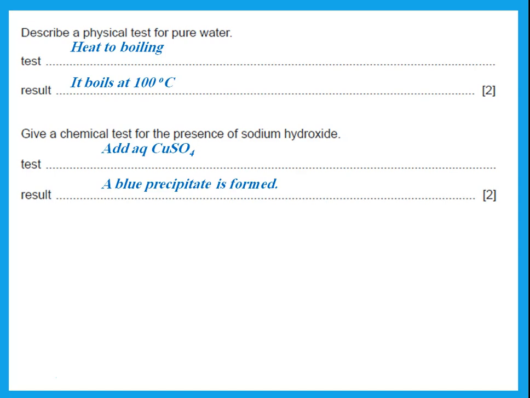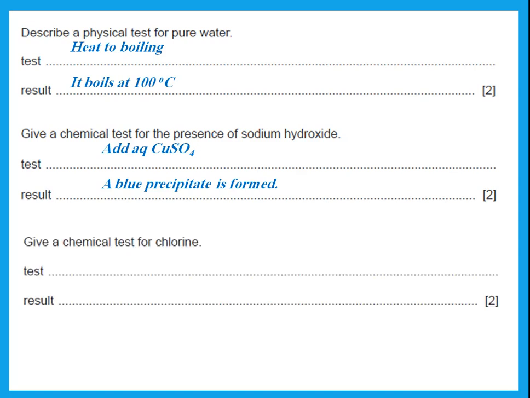I wouldn't say, for example, add calcium chloride, because calcium chloride would just give me a white precipitate, and many things give white precipitate. But blue, for example, with copper is something that is a bit unique. So you use copper something, or ion 2 something, or ion 3 something.